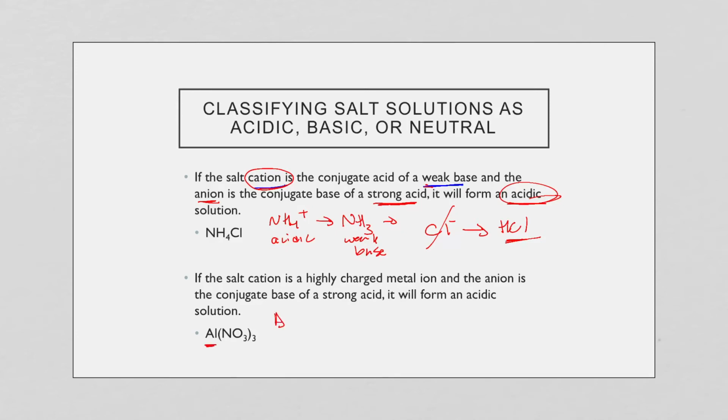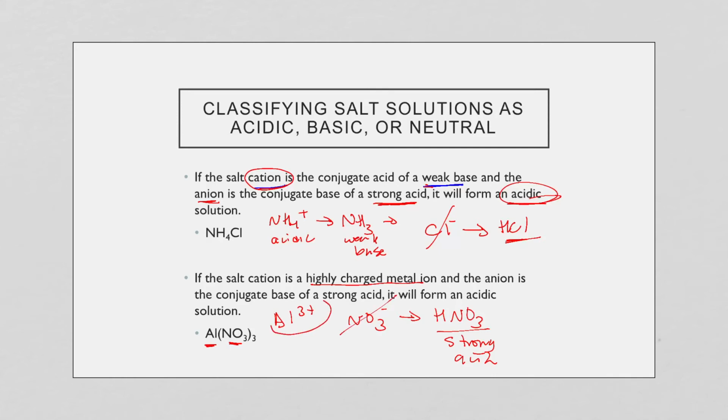So if the positive ion is a highly charged metal ion, and the negative ion is the conjugate of, remember this is a strong acid, so this is another place where knowing those strong acids is important, nitric acid, so no effect.